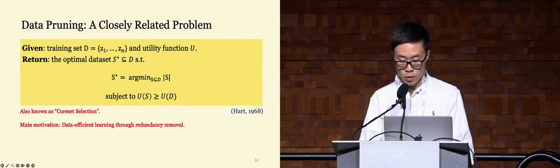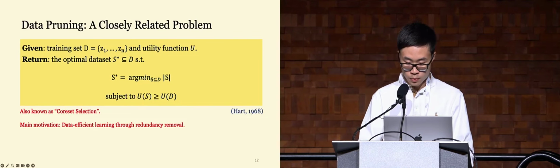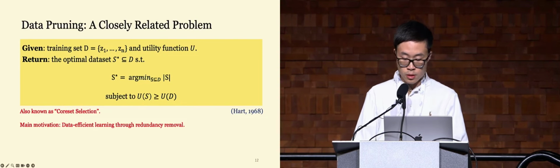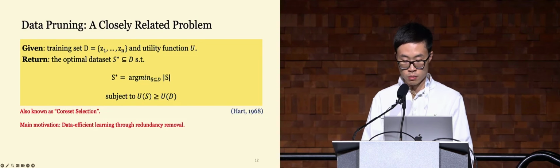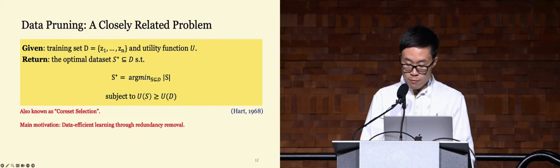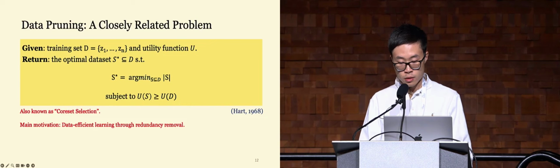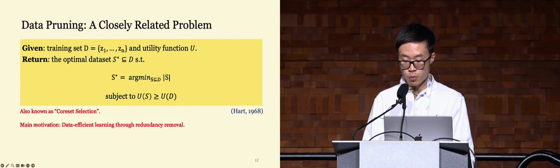Here I just write one test point for simplicity. By plugging in this specific utility function, we get the data selection problem formulation that appeared in many papers that Ruoxi mentioned. We're looking for the data subset that, when used for training, gives us the best performance on our test point while staying within our size constraint.